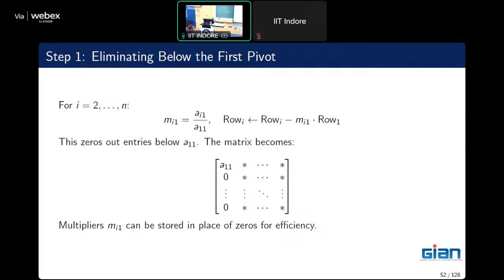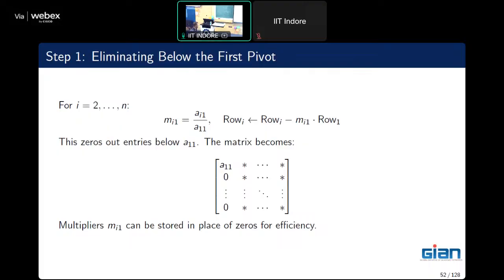When A11 is very near to 0, the multipliers become very large, and you cannot accept the solution. So in that case you use partial pivoting. You go through the column, pick the biggest entry, and keep it at the top using elementary operations.